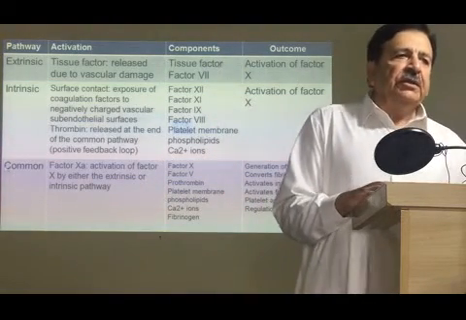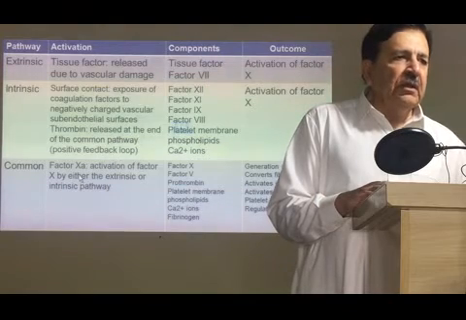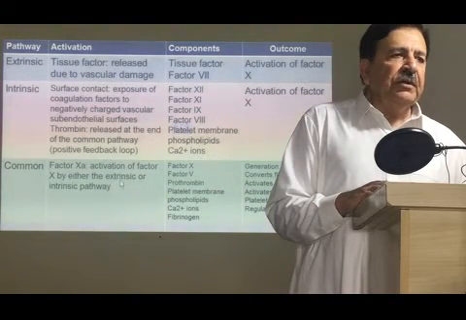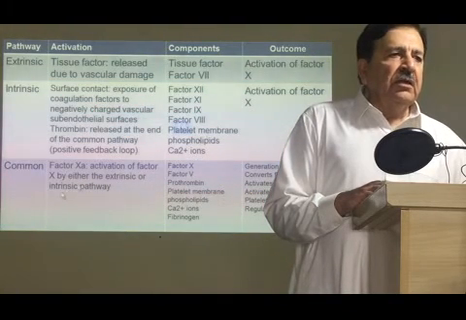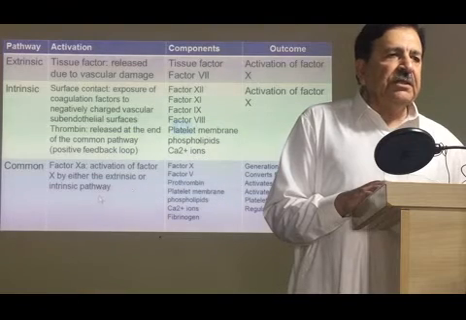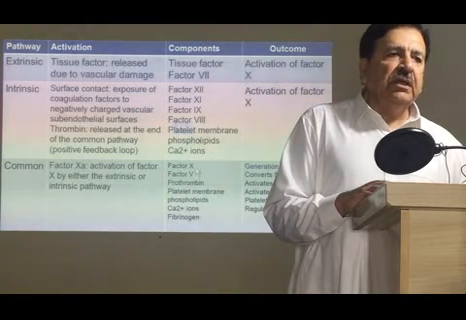And common pathway, factor 10 activation by either the intrinsic or extrinsic pathway.